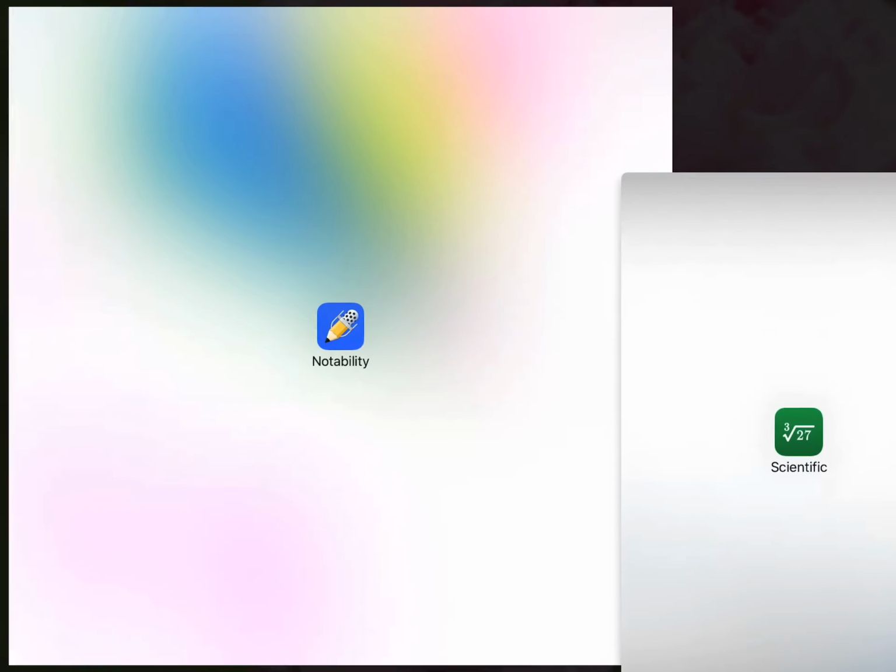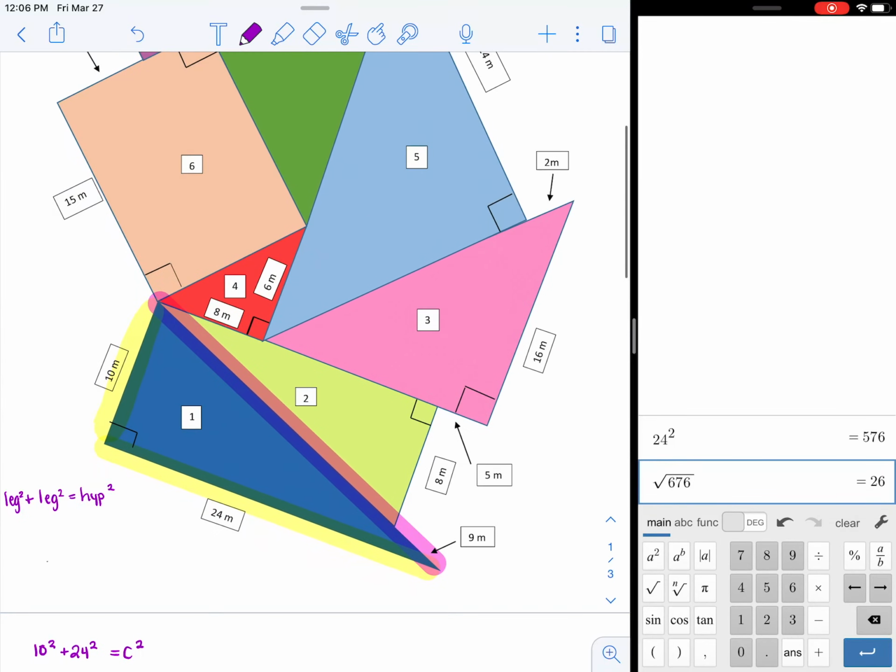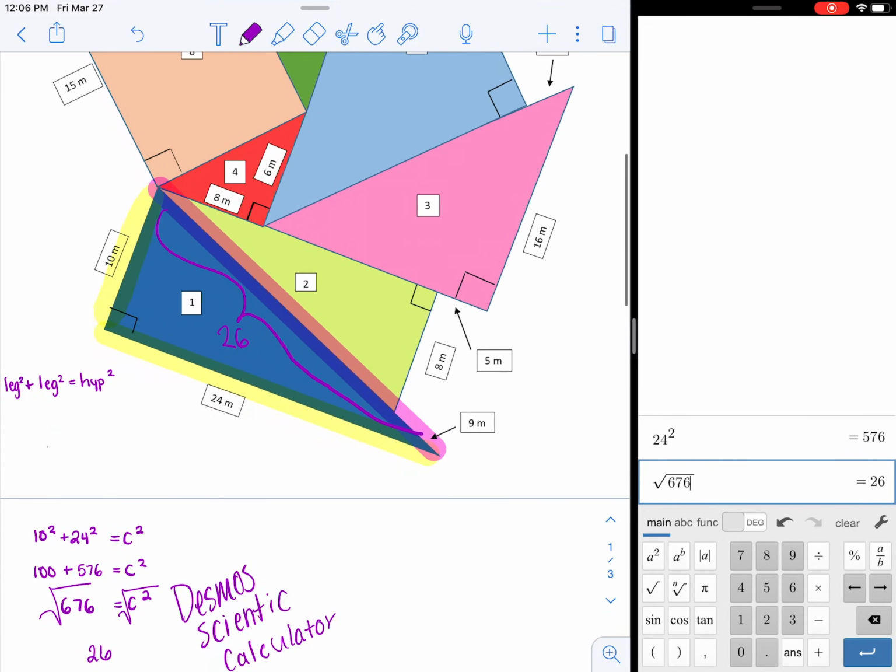So we found the length of the first hypotenuse. Good for us. That means from here to here is 26. But we need to find the length of the hypotenuse of triangle 2. So we know that the full length from here to here is 26.